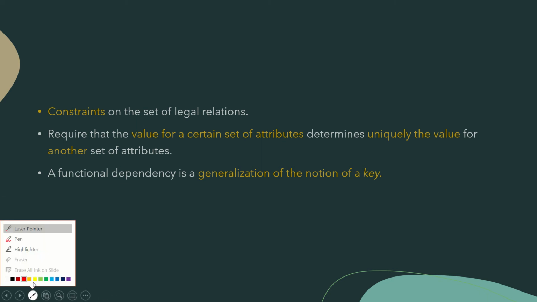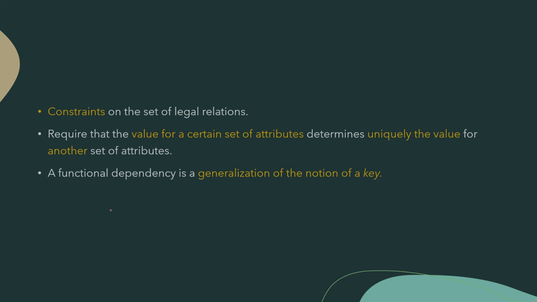How do we specify A implies B? Suppose this is A, one attribute of my table, and this is B, another attribute of my table, and we write A implies B. What is the condition?